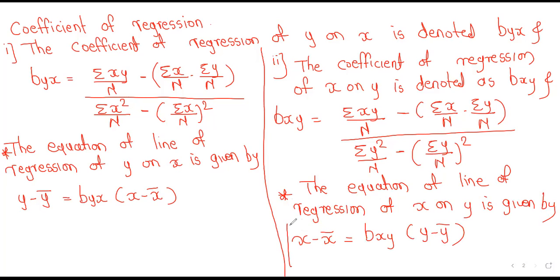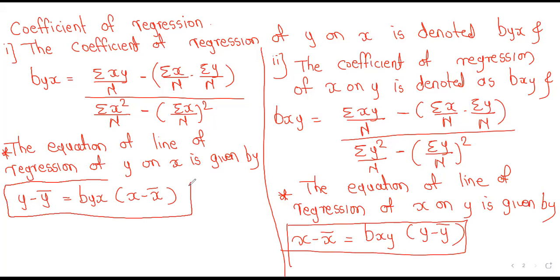So by using these two, these are nothing but the equation of line of regression of y on x and x on y. By using this, we have to calculate the lines of regression, and by using this, we have to find the coefficient of regression. Okay, so write down this.